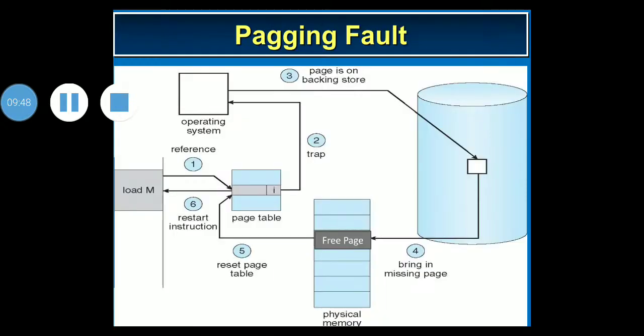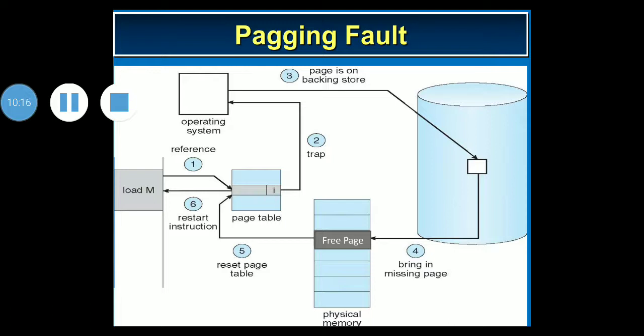Now what is a page fault? If an instruction load M is to be executed, then the page for the load M instruction is searched in the page table that is maintained by the operating system. If the page table does not contain the page related to the instruction load M, then an interrupt will occur.